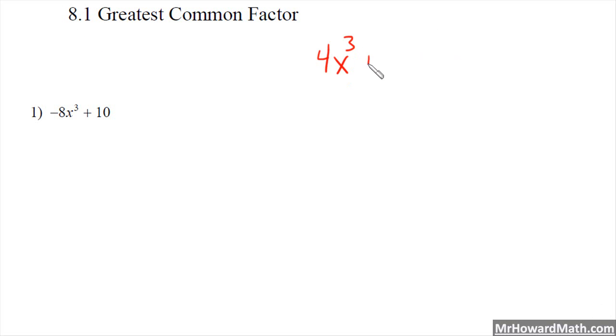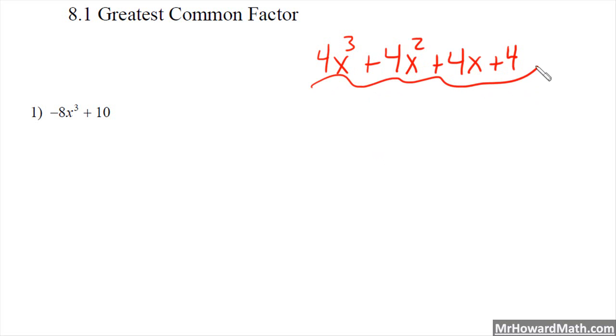So if we had 4x cubed plus 4x squared plus 4x plus 4, for example, looking for the greatest common factor between all of these terms, we, one, need to look at the coefficients. These three are the coefficients, and the constant term. Those all go together.